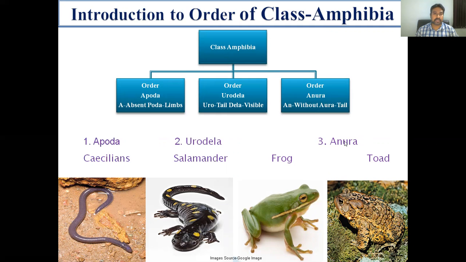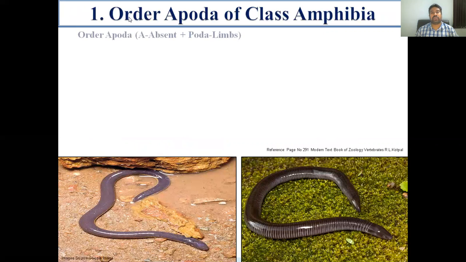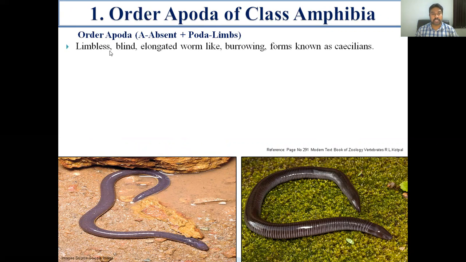If we discuss the distinguishing features of order Apoda, it includes limbless, blind, elongated, worm-like burrowing forms, commonly called caecilians. Here we can see the body is worm-like, elongated, and burrowing. As they burrow, they are blind because there is no light in the burrow.